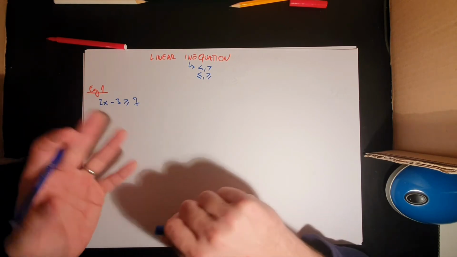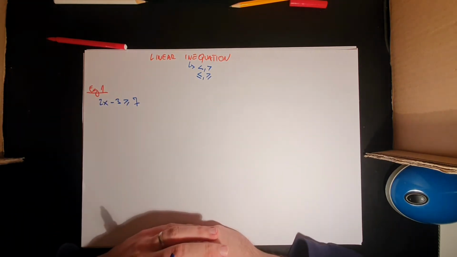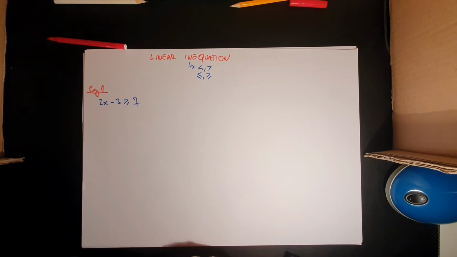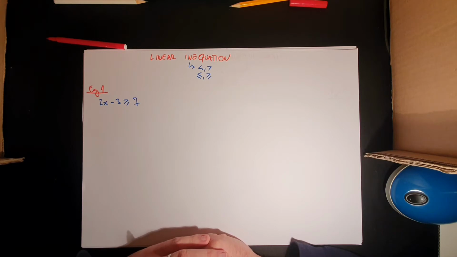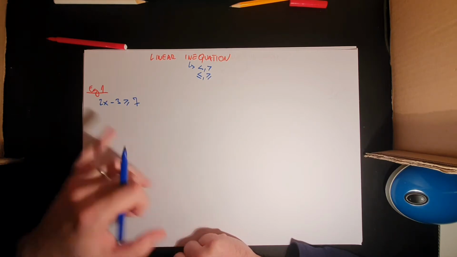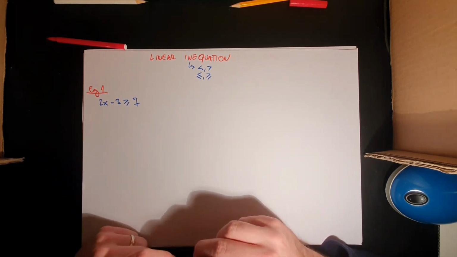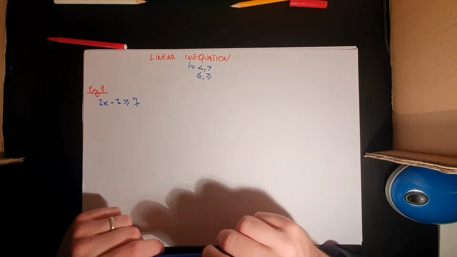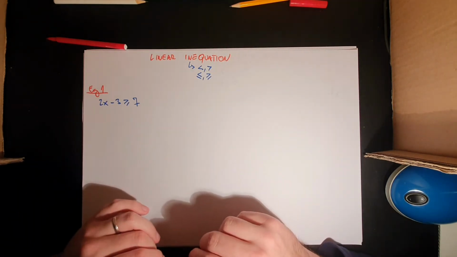The left side should look like a linear function, and the right side is a specific number in this case. So this is why this is a linear inequation. And one more thing is that we don't know the x itself. Usually we use the letter x for the unknown, but we can also use y or any other letter of the alphabet, whichever you like.